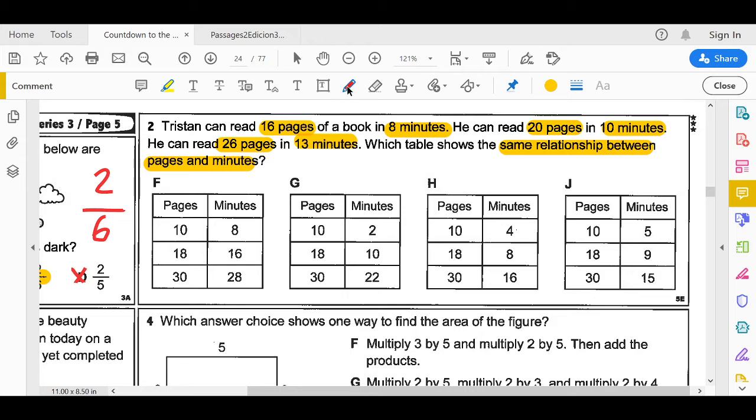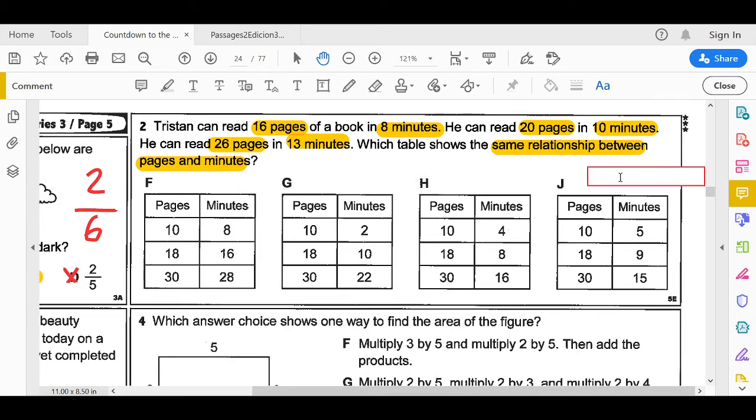Okay, so by observing the numbers, I'm going to write them right here. I'm going to create my table actually to use the numbers that they give us. It says right here that 16 pages is 8 minutes, 20 pages is 10 minutes, and 26 pages is 13 minutes.